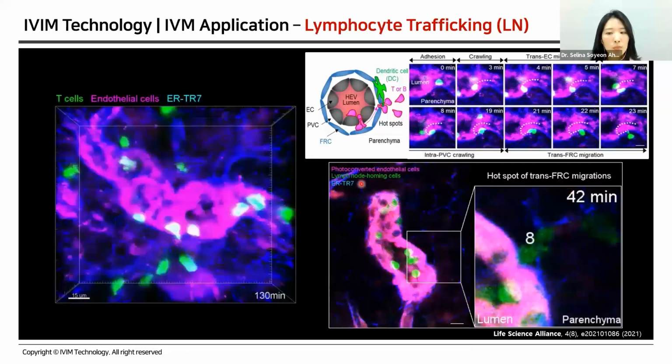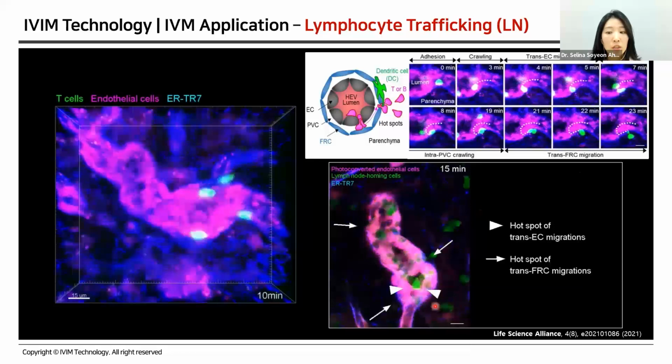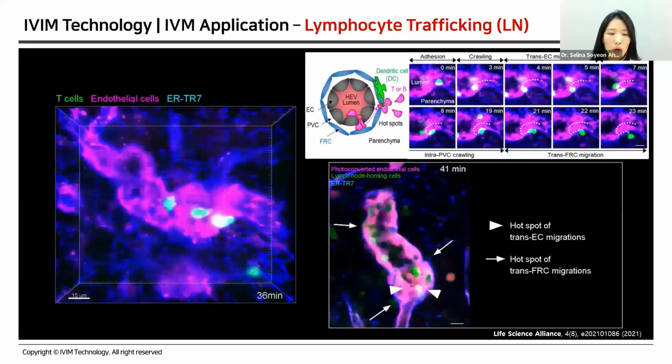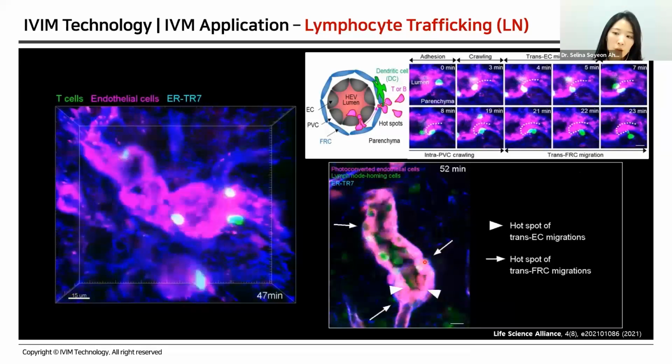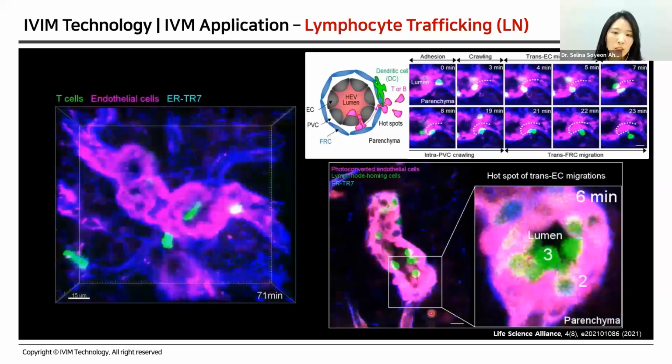And from the long-term time-lapse imaging, we could identify some hotspots in the high endothelial venule where trans-endothelial cell or trans-fibroreticular cell migration selectively occurs.